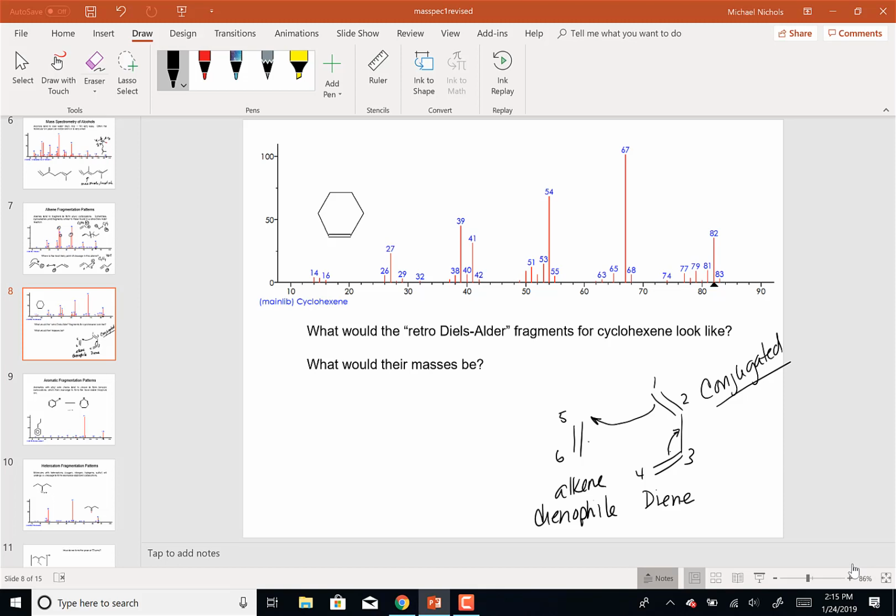And then the 5-6 double bond is used to form the 6-4 single bond. So what we're going to make is a 6-membered ring with a double bond between carbons 2 and 3.